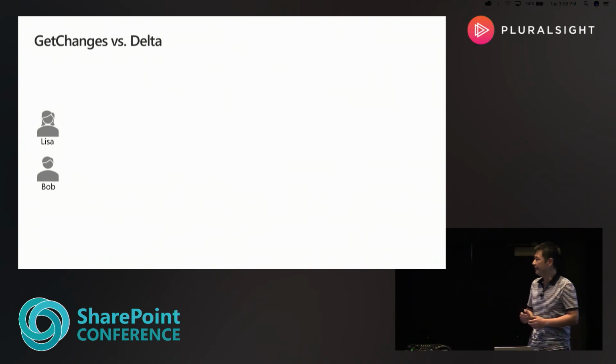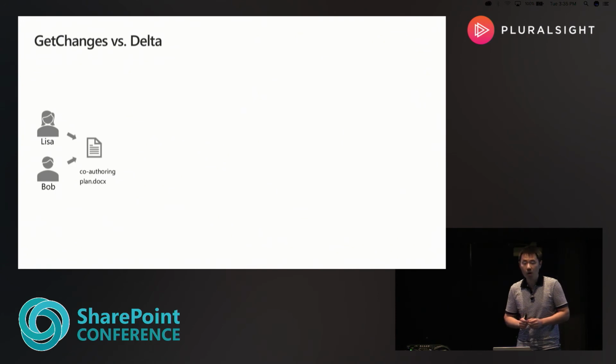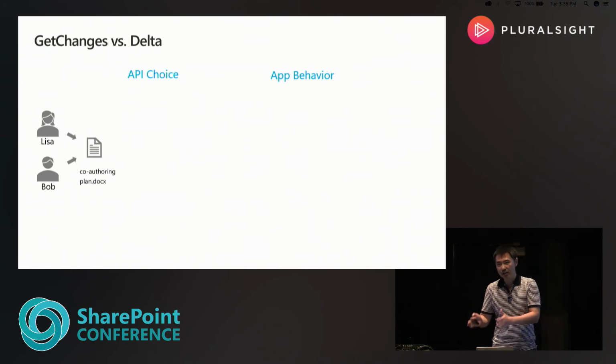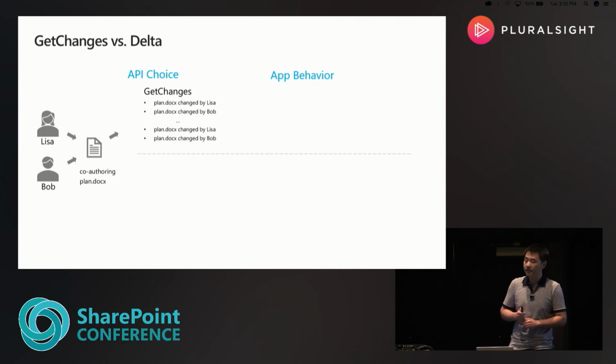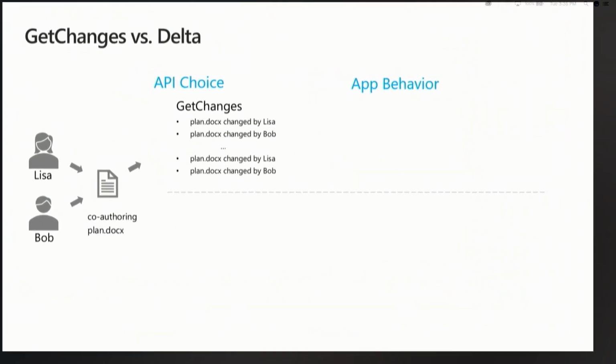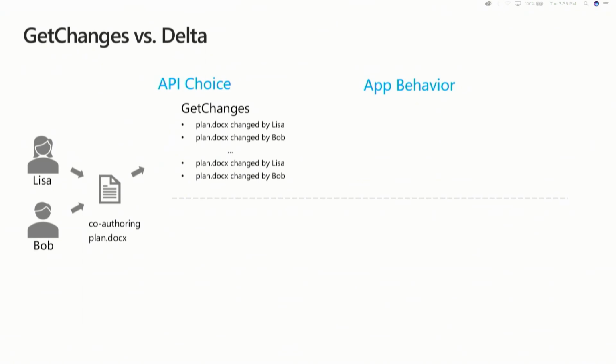I have a really simple scenario: 2 users co-authoring a single document. Let's look at the API you choose and what results it can generate. The first API is GetChanges. This API just iterates everything that happened since the last time you called it.